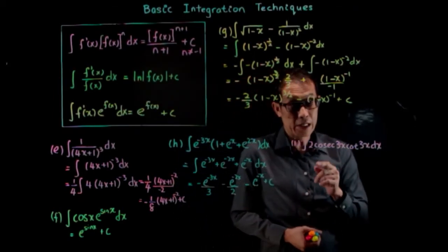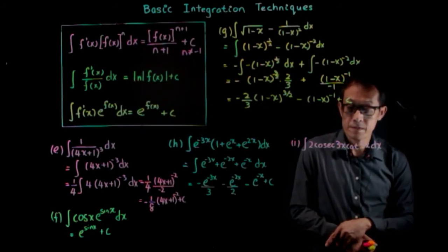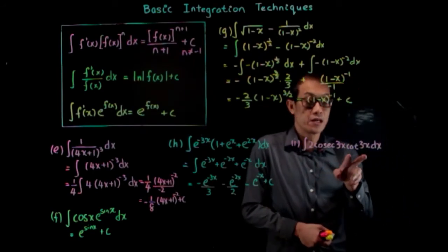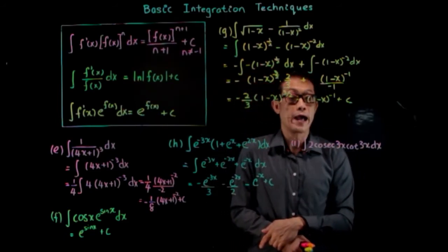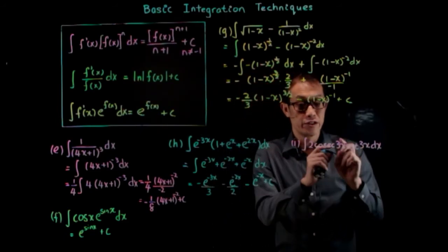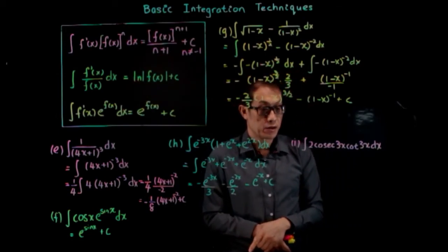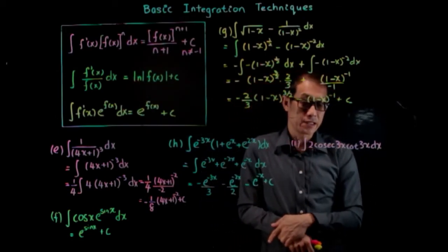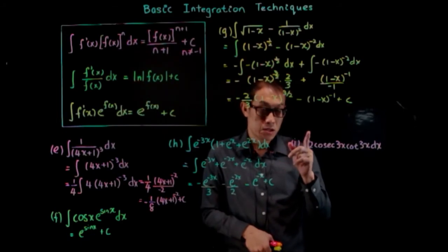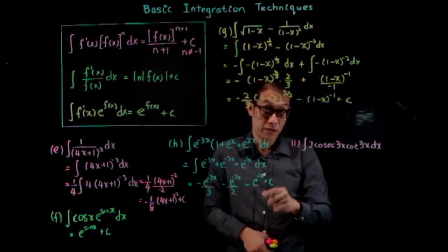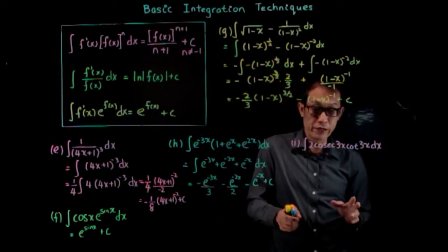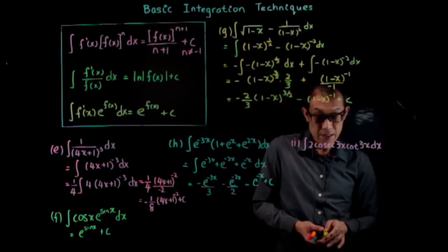Now, how about this? The differential of cotangent x is minus cosecant square x. So this is not the differential of this. Now, if we differentiate cosecant x, it is minus cosecant x cotangent x. Oh, it's quite close, right? Except for the 3. So we need to make some adjustment.